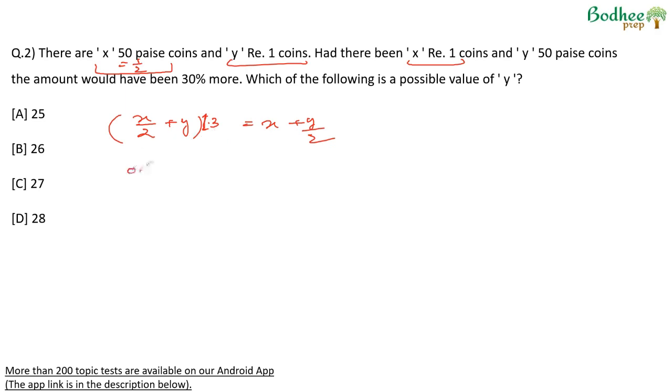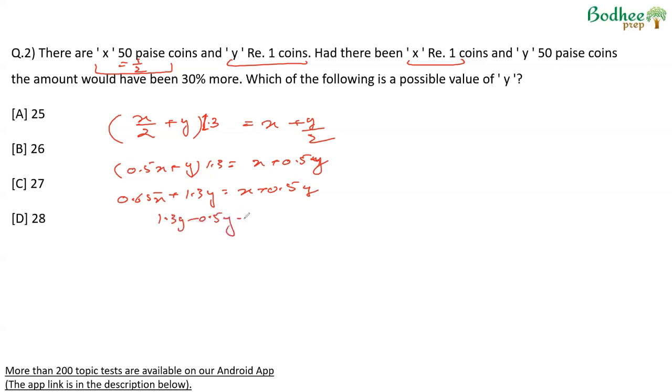So if I write this as 0.5x plus y into 1.3 is equal to x plus 0.5y. 1.3 times 0.5 is 0.65, plus 1.3y is equal to x plus 0.5y. 1.3y minus 0.5y is equal to x minus 0.65x, which means 0.8y is equal to 0.35x.